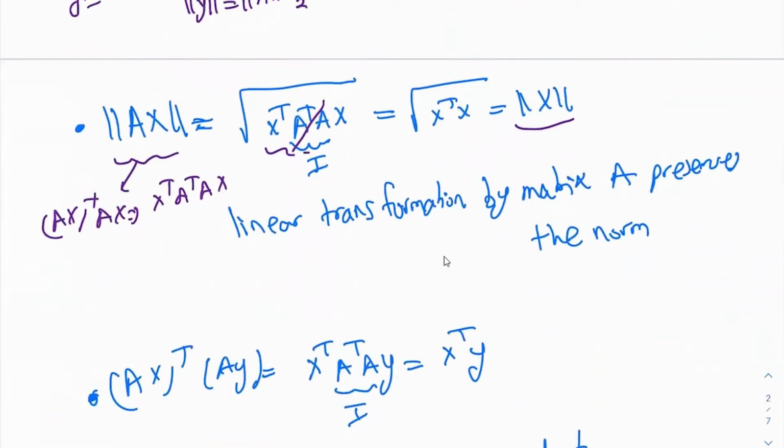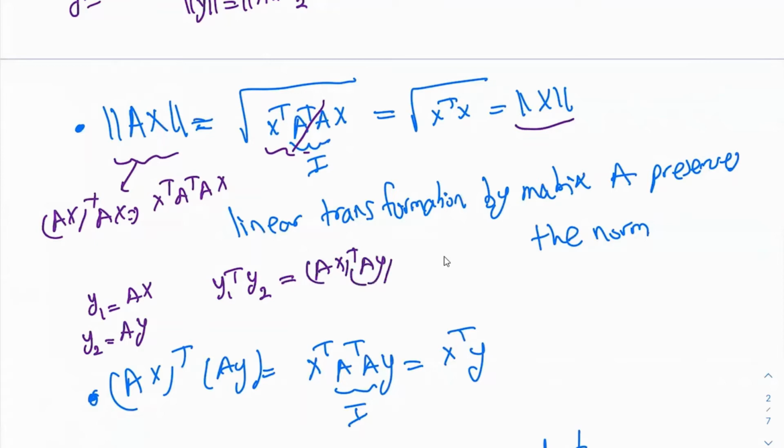Okay. Now let's see what happens to the dot product or inner product. So here I will call y1 equal to Ax, right? And then y2 is equal to Ay. Okay, so I'm interested in calculating y1 transpose y2, which is equal to Ax transpose Ay.